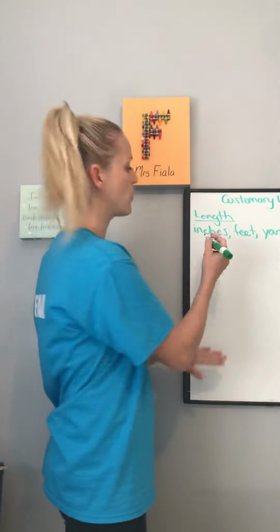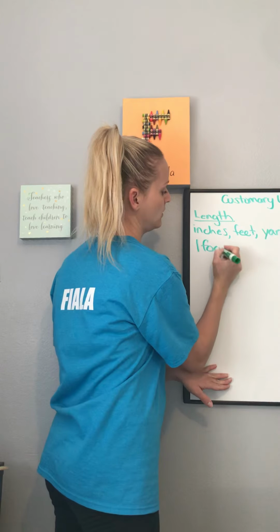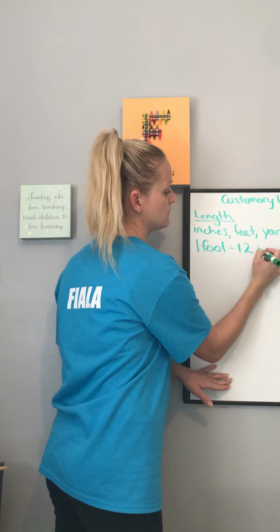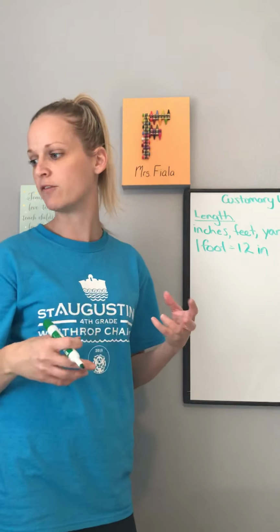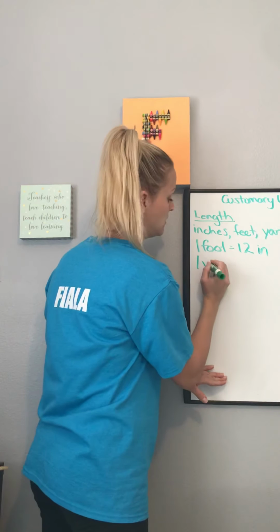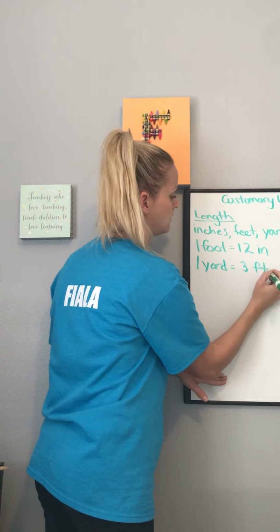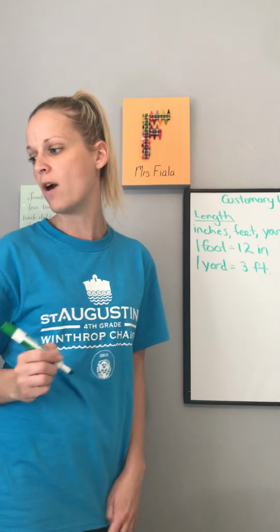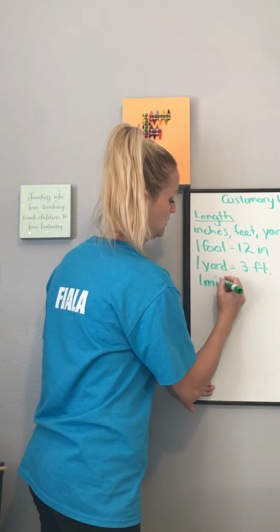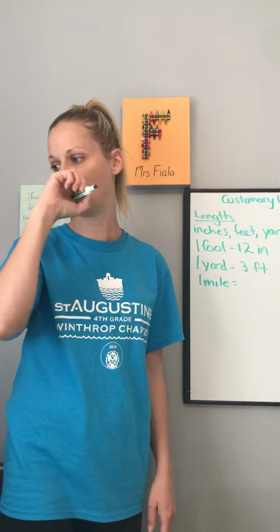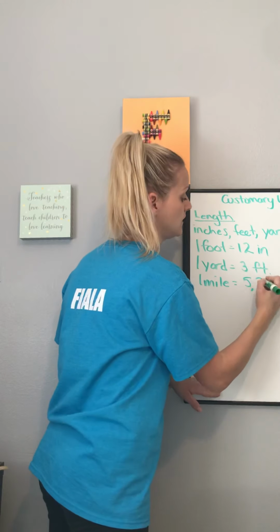Okay, so you know that 1 foot is equal to 12 inches. Okay, we know that. You're given that information. We know 1 yard is equal to 3 feet. Okay, we know that 1 mile is equal to 5,280 feet.